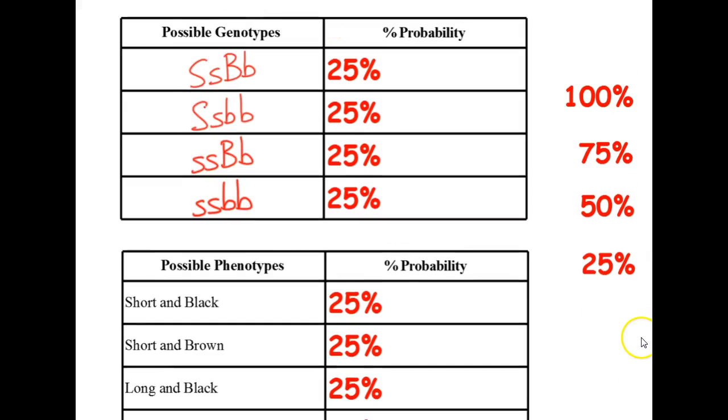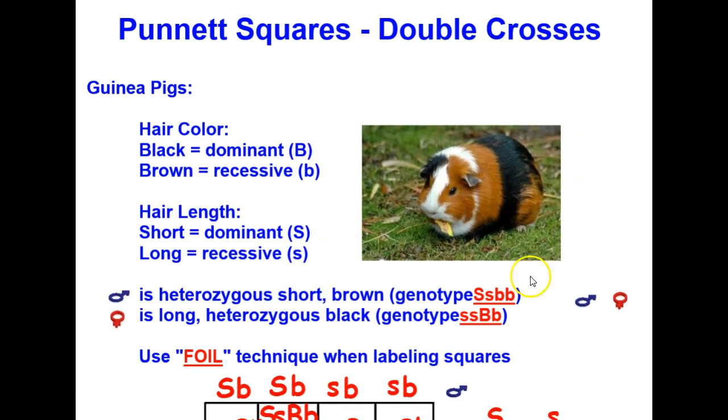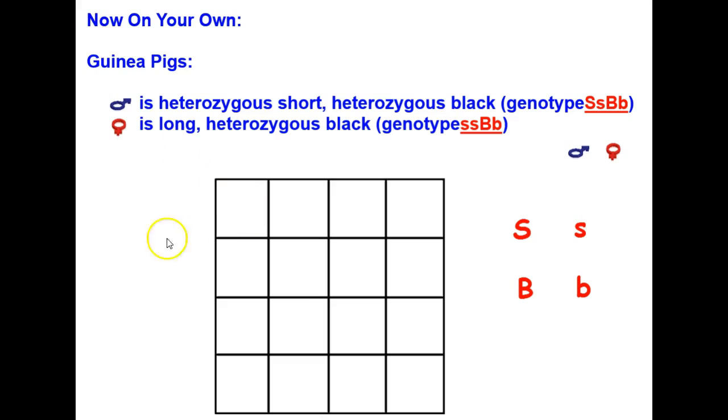All right, now that was quite something, wasn't it? Now we're going to let you give this a try on your own with this example right here. And you're going to have to pause the video here in a moment. We have a male guinea pig that's heterozygous short and heterozygous black.